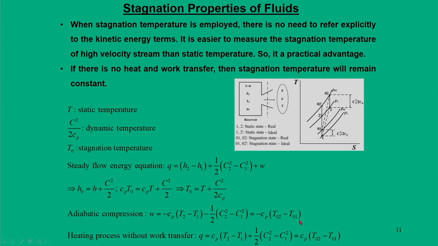The total temperature remains the same, but the static temperature or speed could vary. Similarly, for a heating process, if there is no heat transfer, the total temperature remains the same, but the static temperature and speed could vary.